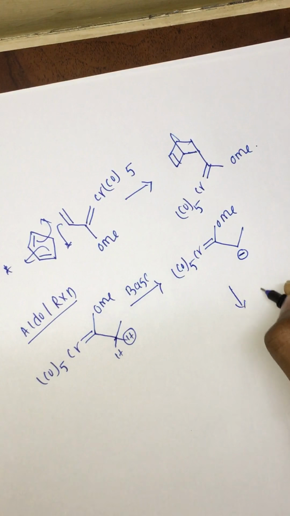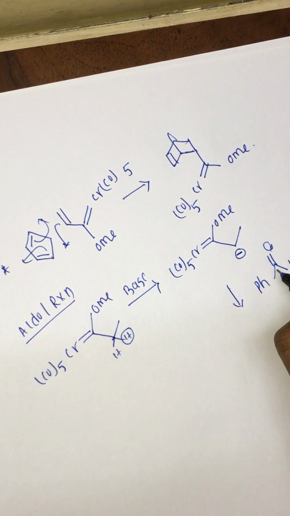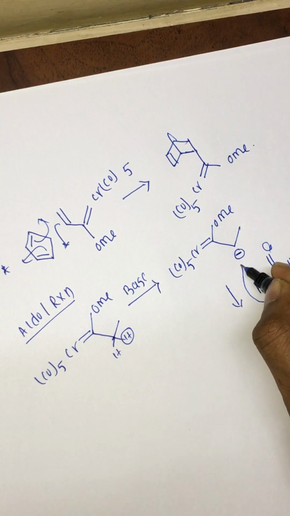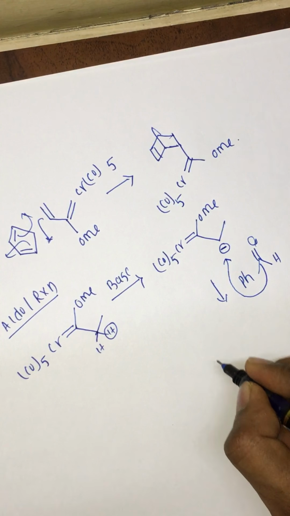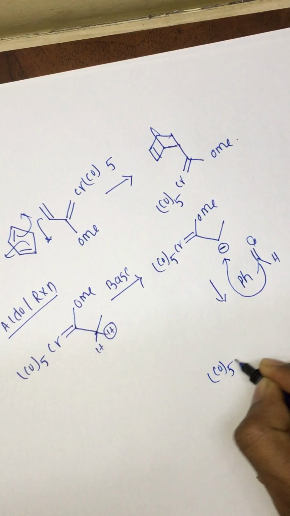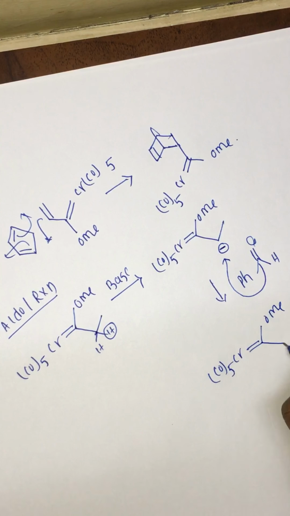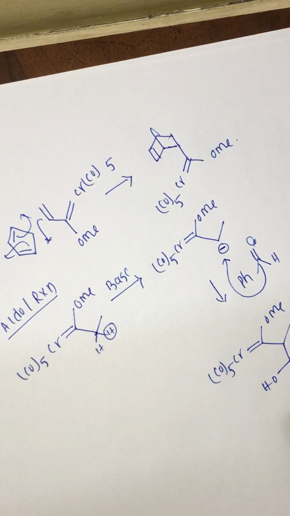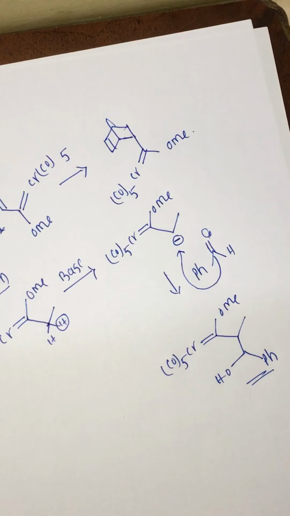So now an aldehyde comes into the picture. This electrophilic carbon goes and attacks this negative charge, so that we get OMe, OH, Ph. So this is the aldol type reaction.